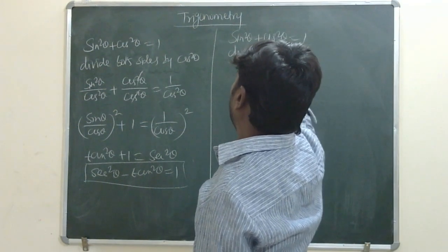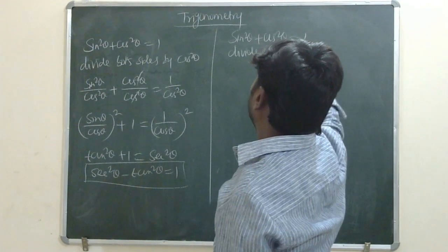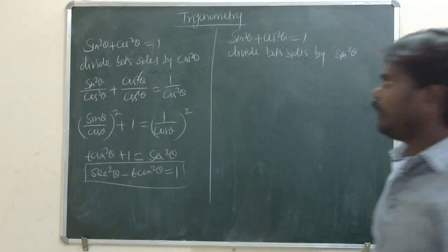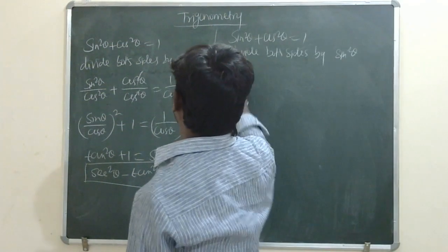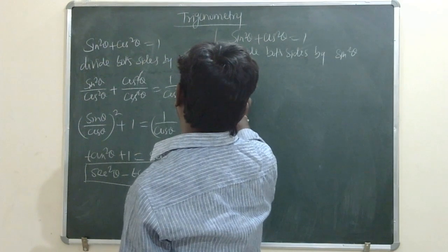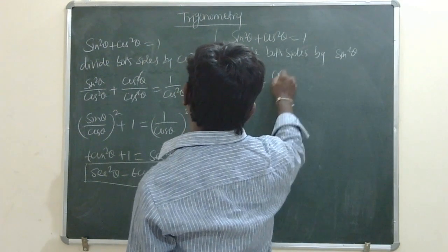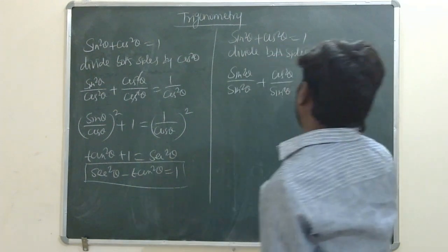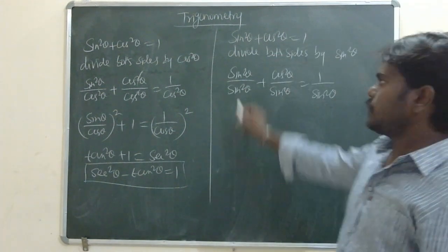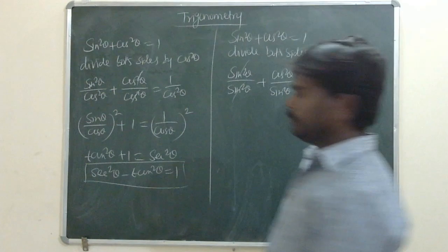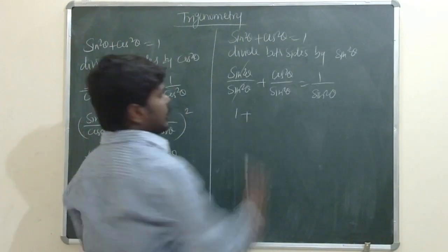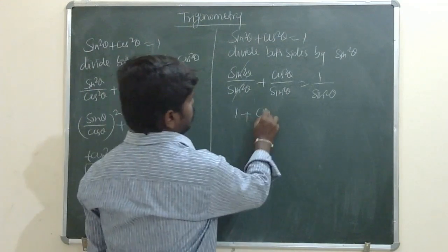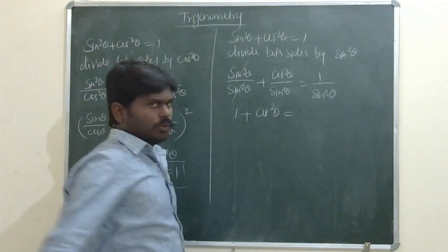So when you divide both sides by sin square theta, you get sin square theta by sin square theta plus cos square theta by sin square theta is equal to 1 by sin square theta. So here sin square theta will get cancelled and you will get 1 plus cos square theta by sin square theta, and cos theta by sin theta is cot. So you will get 1 plus cot square theta is equal to 1 by sin square theta.